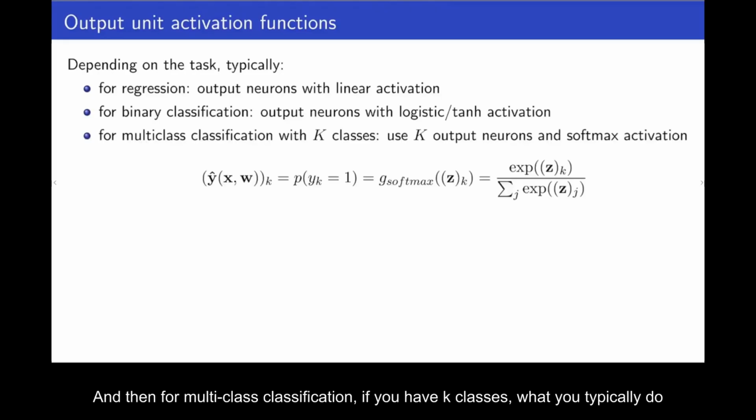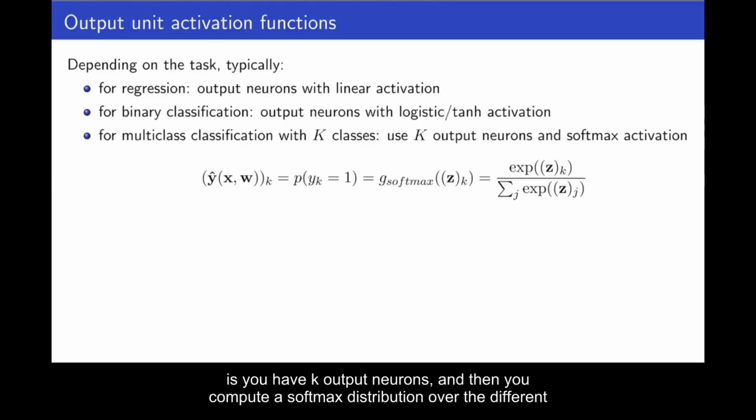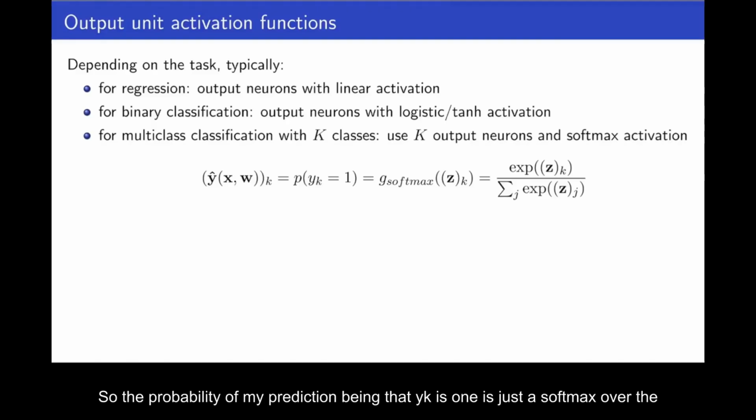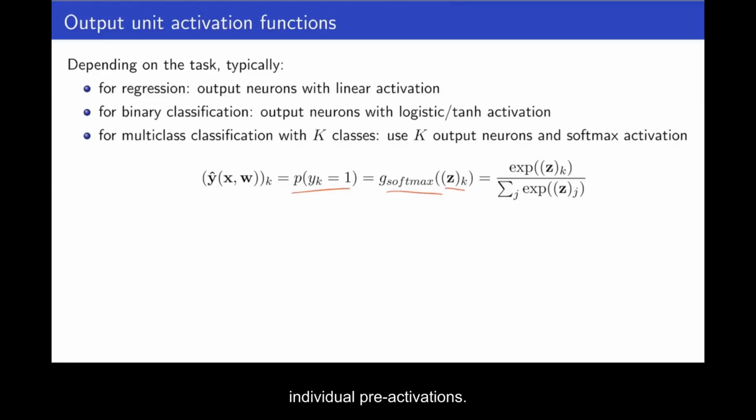And then for multi-class classification, if you have k classes, what you typically do is you have k output neurons, and then you compute a softmax distribution over the different pre-activations of these k output neurons. So the probability of my prediction being that y_k is 1 is just a softmax over the individual pre-activations.